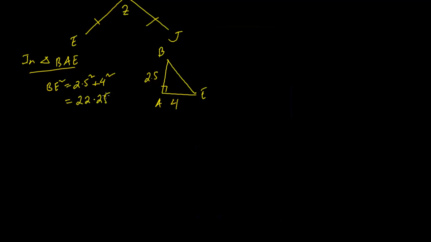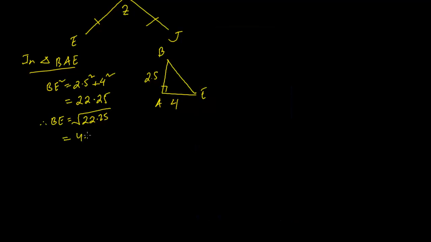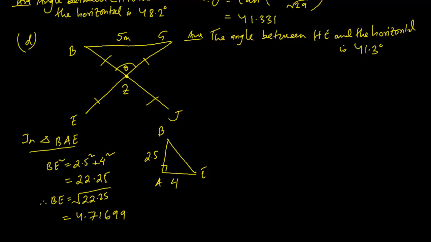Therefore, BE equals the square root of 22.25, which is 4.71699. Now here, the height of this isosceles triangle, since Z is in the center, is going to be half of BE. Remember that.